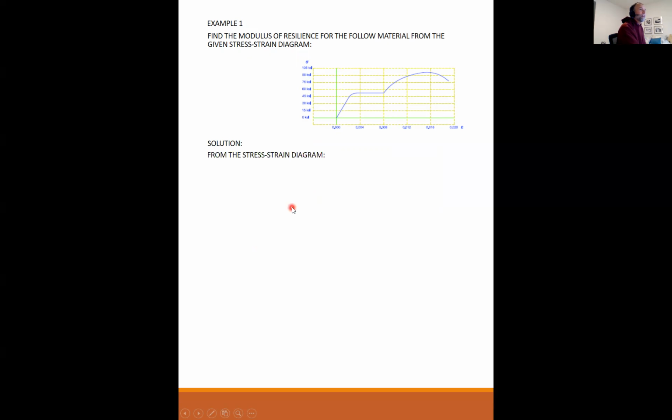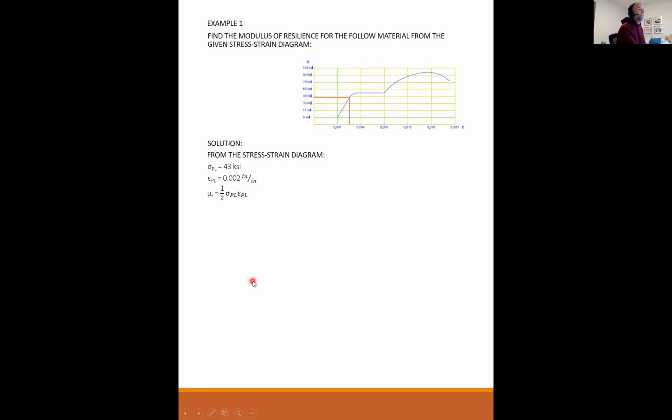From the stress strain diagram, and you're going to have to trust me on this because it's too small for you to eyeball, but if I measured where that proportional limit occurs, where the straight line ends and the curve starts, that happened at a stress of 43 KSI, and it happened at a strain of 0.002 inches per inch. And I was able to measure that because I did this on CAD.